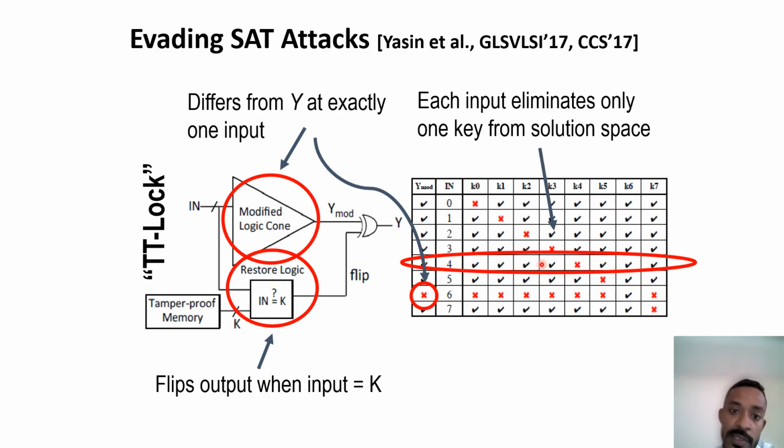So it's supposedly secure from the SAT attack. Now we argue against that in the paper. I'm not going to talk about it here. I'll refer you to the paper for details on why we don't really think that TTLock is secure against the SAT attack. So how is this modified logic cone obtained?